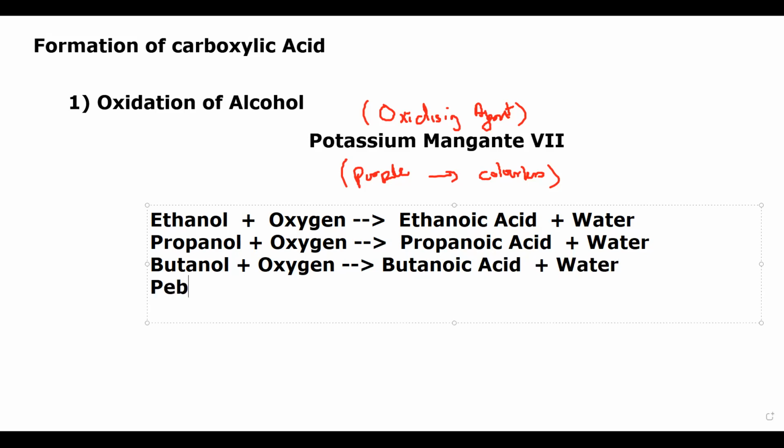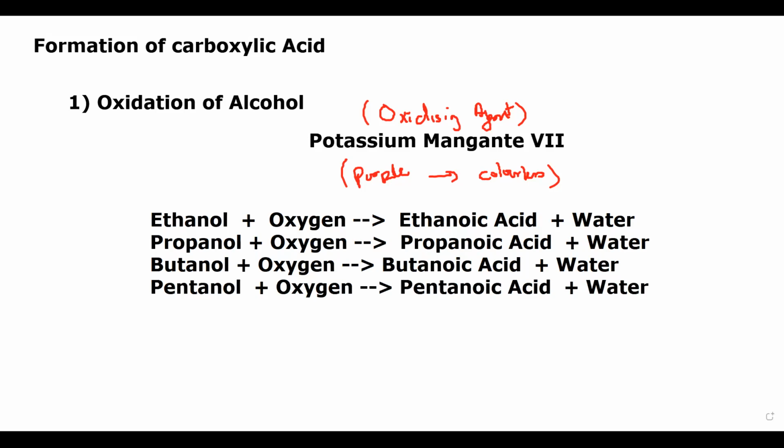If we have pentanol plus oxygen, in the presence of oxidizing agent, it will give pentanoic acid plus water. So alcohols will be oxidized to carboxylic acid in the presence of oxidizing agent. Ethanol gives ethanoic acid, propanol gives propanoic acid, butanol gives butanoic acid, and pentanol gives pentanoic acid. So this is how we prepare the carboxylic acids.